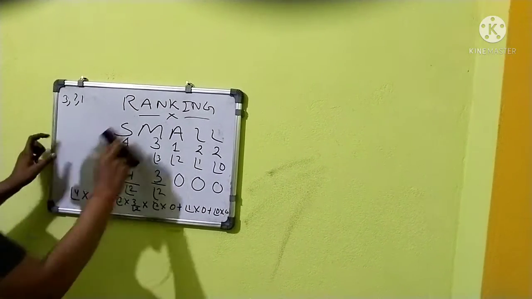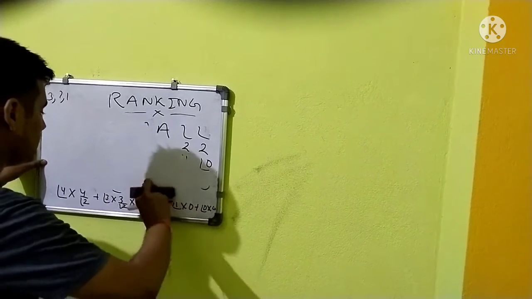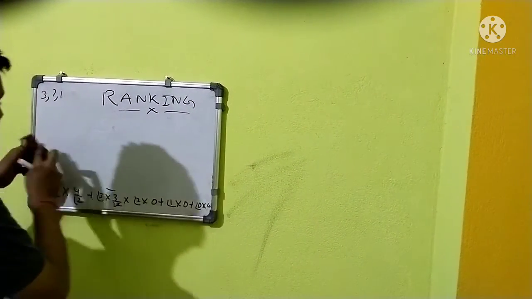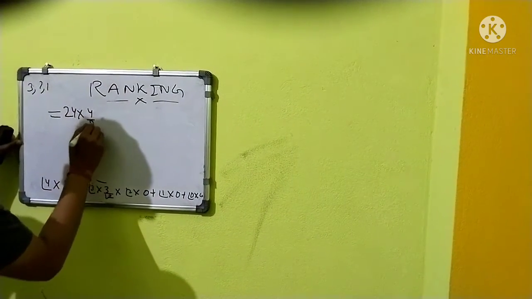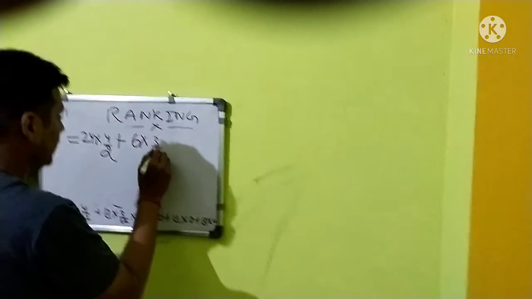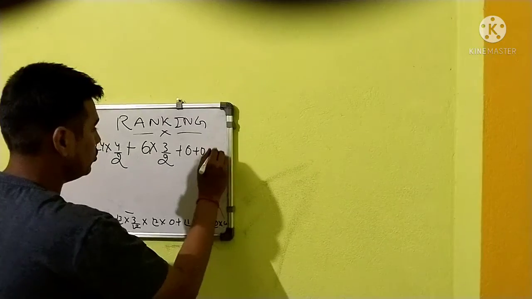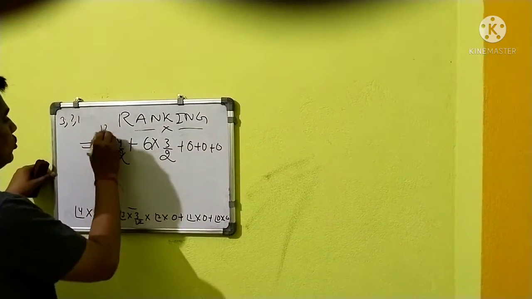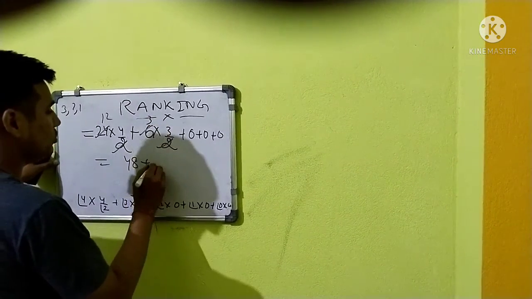Then we will solve it. 4 factorial is equal to 24. 4 divided by 2 factorial is equal to 2. 3 factorial is equal to 6. 3 divided by 2. 2 12 is 24, 12 4 is 48. 2 3 is 6, 3 into 3 is 9.